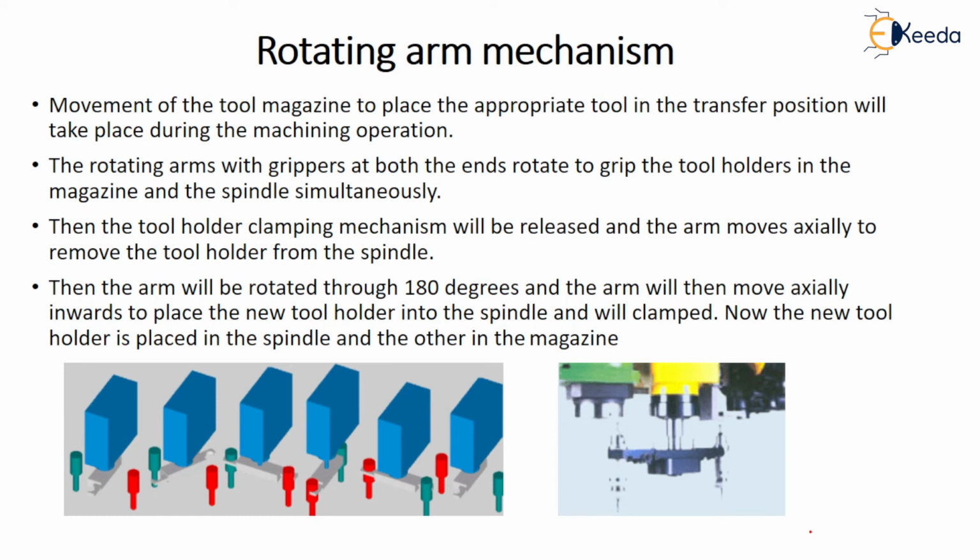Then the tool holder clamping mechanism will be released and the arm is moved coaxially to remove the tool holder from the spindle. So that arm will be like this. If I show it, the arm section will be like this.